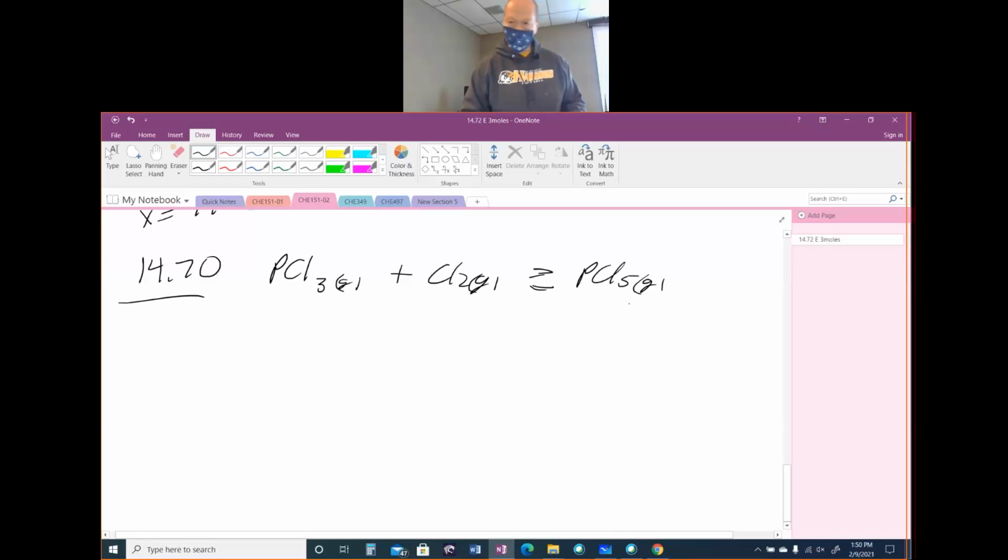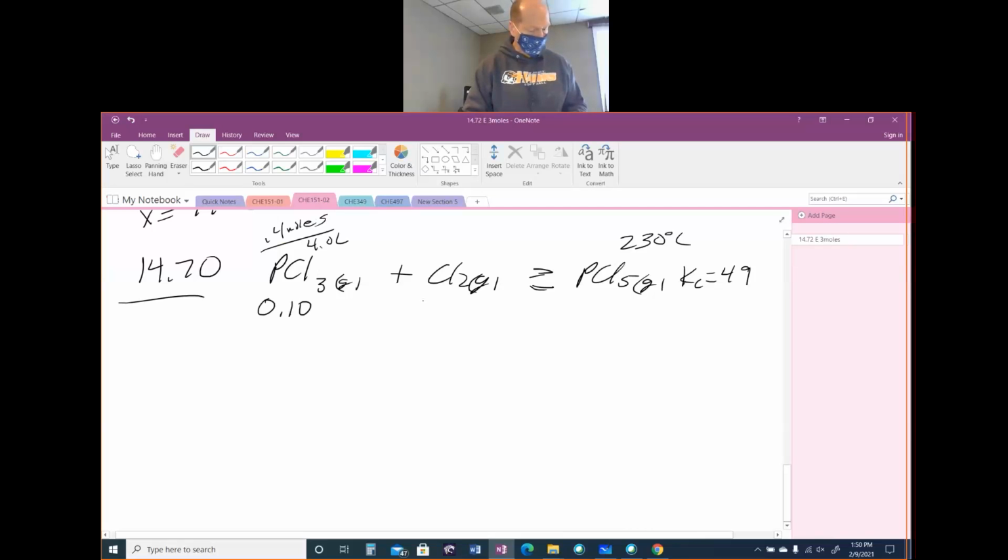And the K value is 49. And that's at 230 degrees Celsius. All right, and we're going to put 0.4 moles in 4 liters. We have 3 sig figs for the moles, 2 sig figs for the liters, so we just need it to 2 sig figs.